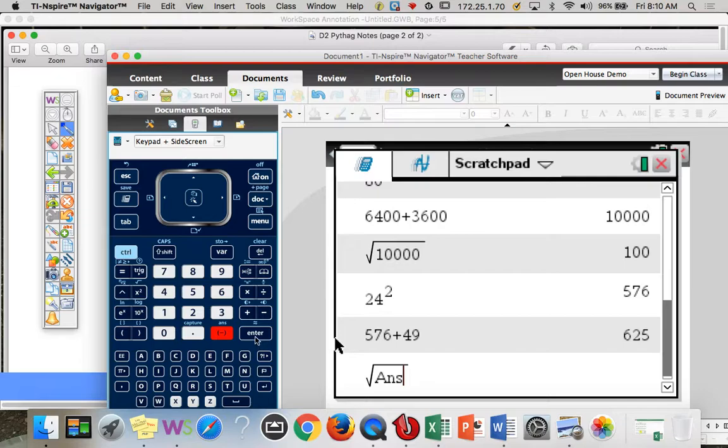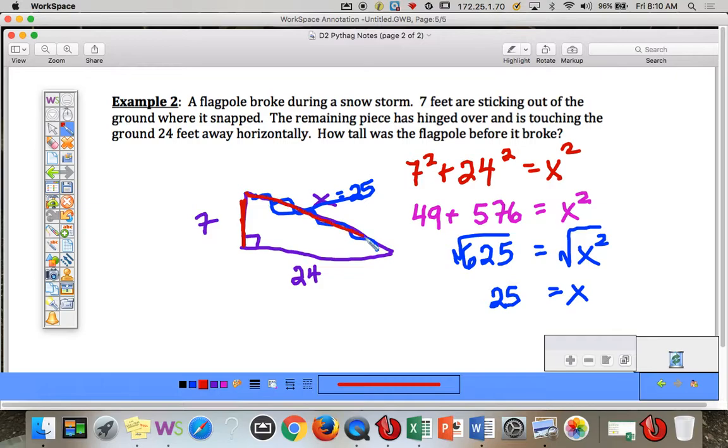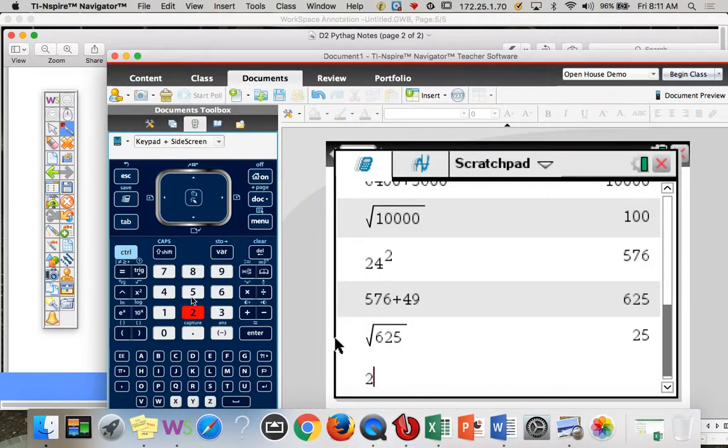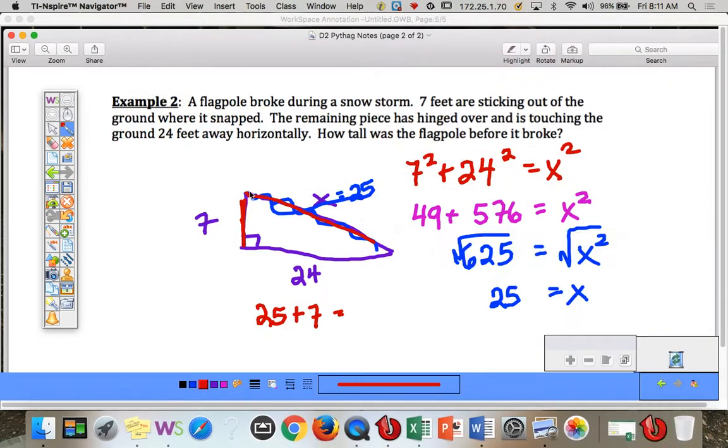All right, so the square root of 625 will be 25. All right, so that's just the piece that broke right here, that 25. So we do have to add, because here was the original flagpole. So 25 plus 7, you have to add those together, and we will get the height of the flagpole, which is 32 feet tall.